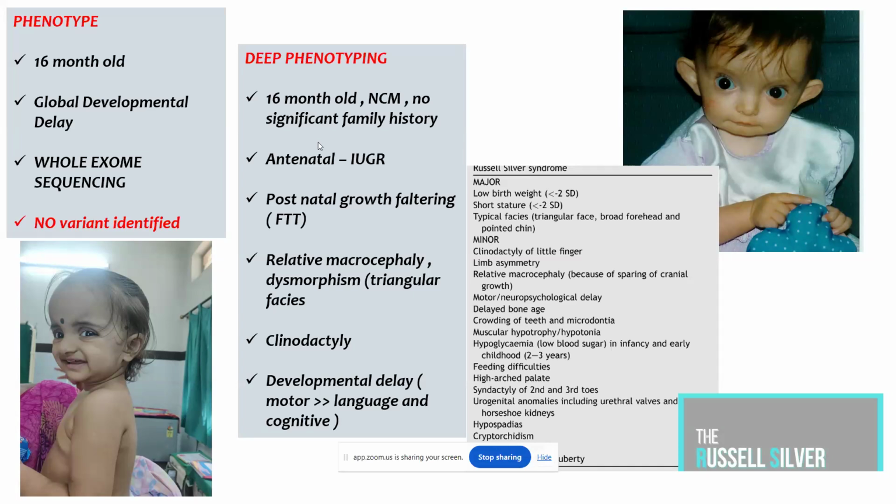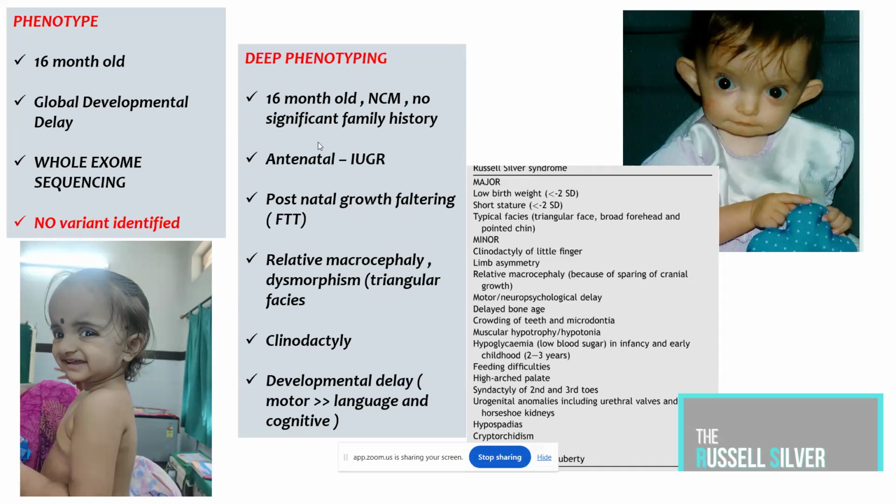This child ended up being Russell-Silver syndrome, because whole exome sequencing is not going to pick up Russell-Silver syndrome in most cases, as the mechanism is different. It is an imprinting disorder, so you have to look for methylation studies, a specific test for that. But you can see the physical aspects actually matched the syndrome. This is the importance of examining the child with detailed anthropometry.